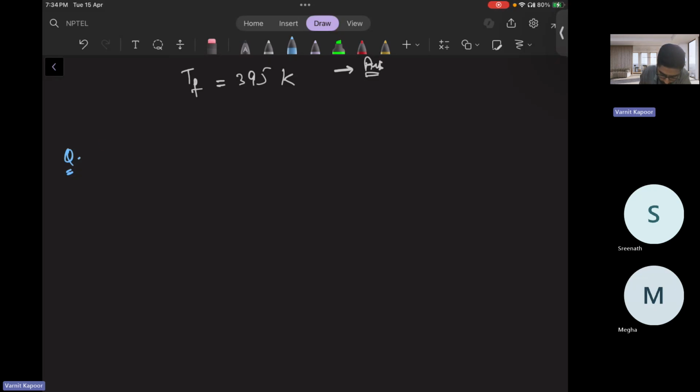Consider adiabatic flow of air through a duct.